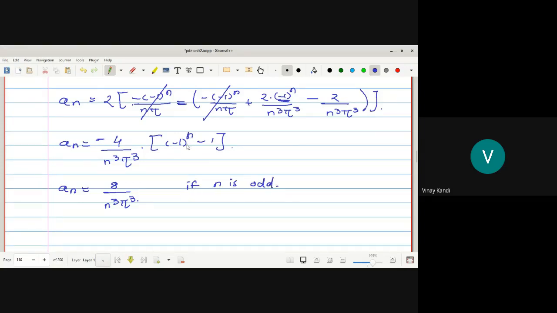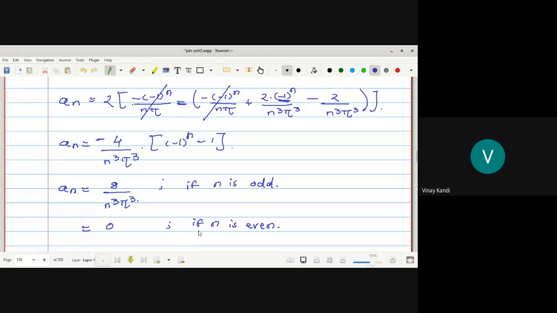If we take n odd, for n = 1 we get -1, -1 -1 -2, -2 into 4 is -4 plus 8, so 8 upon n cube pi cube. Take n = 3, 5. If n is odd, then the value of a_n is 8 upon n cube pi cube, and a_n is equal to 0 if n is even.